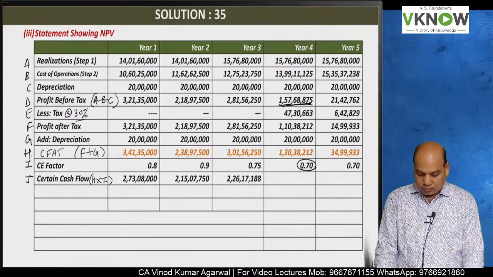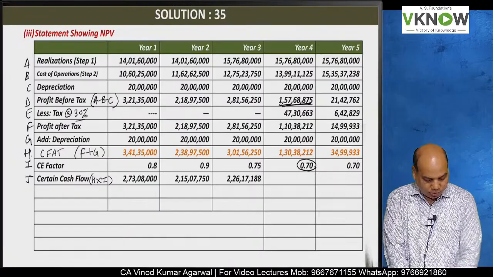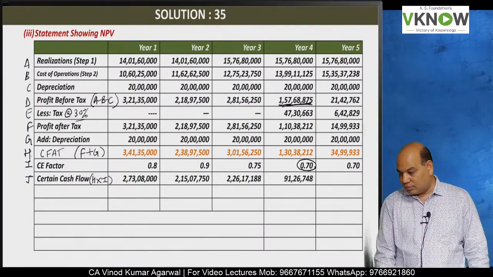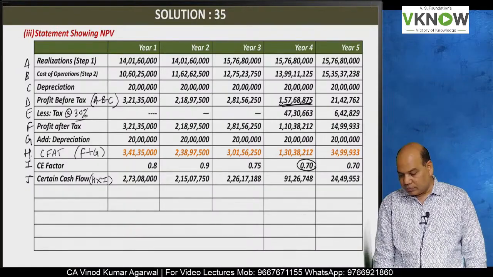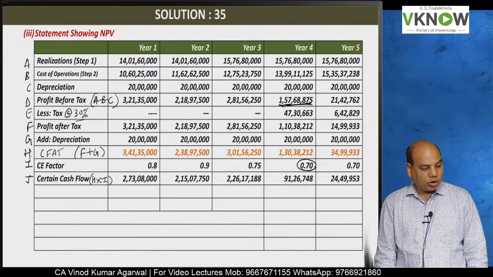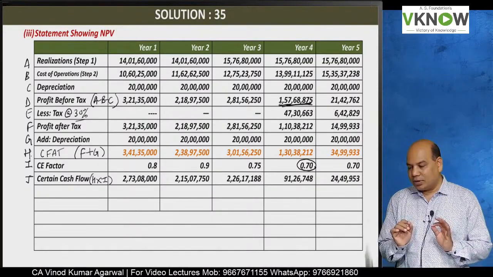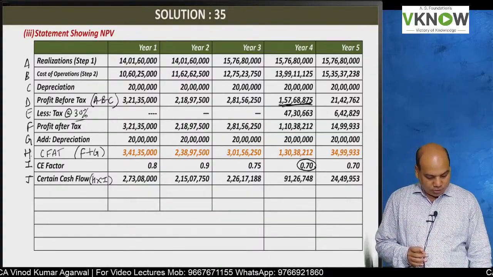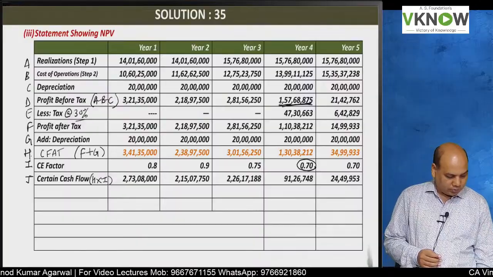Then third answer, fourth answer, and fifth answer. Do not copy. First check. Then write. This is called certain cash flow.